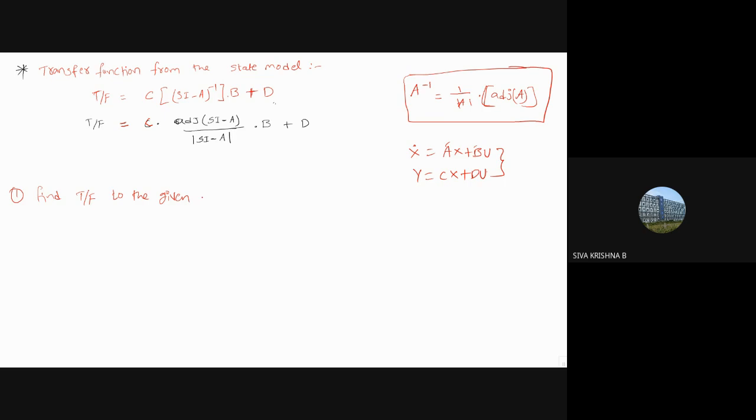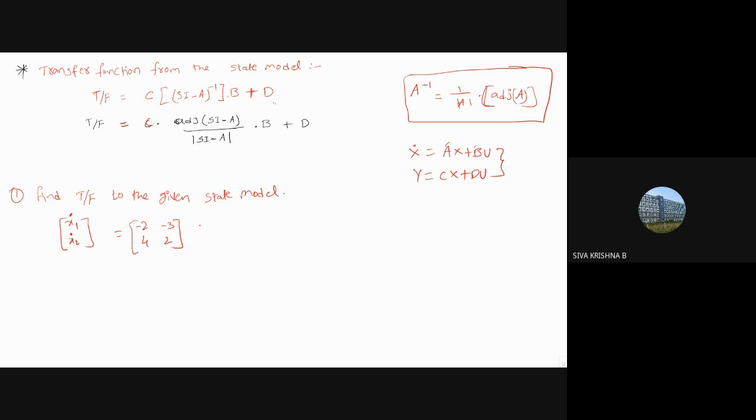So to the given state model, that is x1 dot, x2 dot. Dot in the sense derivative, don't confuse. Dot means derivative. So it is -2, -3, 4 and 2.